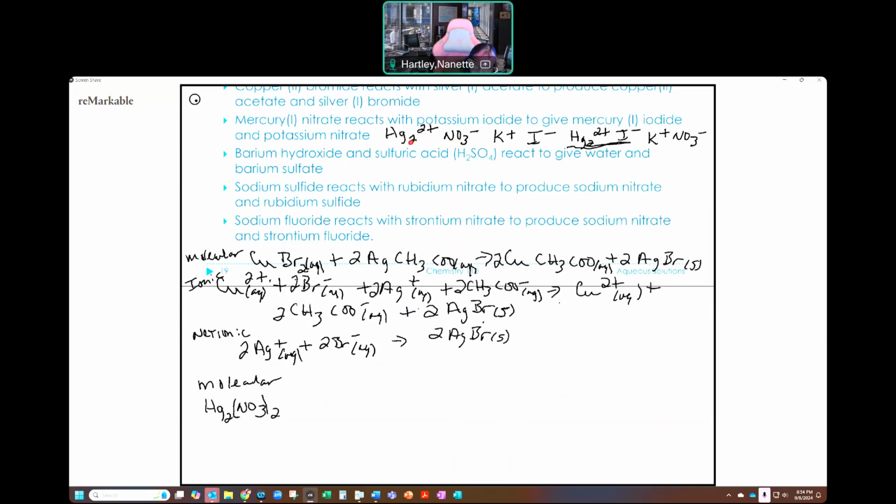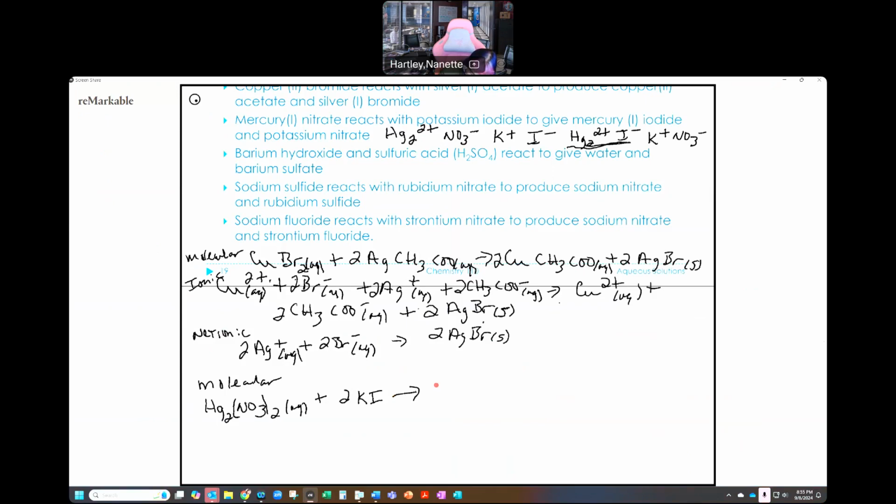So this 2 stays. The 2 plus indicates I need 2 of the NO3 minuses. And that's aqueous. I add to that 2 KI. So I know it needs KI, and I know I'm going to need 2 of them to balance that charge on the other side.